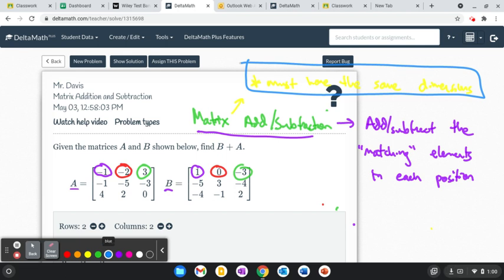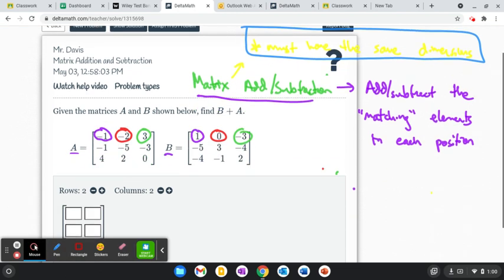Delta Math, I don't think, will give you any that don't have the same dimensions, so all of these should be doable. In the next activity, I believe there are some that you will get undefined. But for this, I think they're all doable because they're all going to have the same dimensions. So then our answer is going to be a matrix with the same dimensions as well.